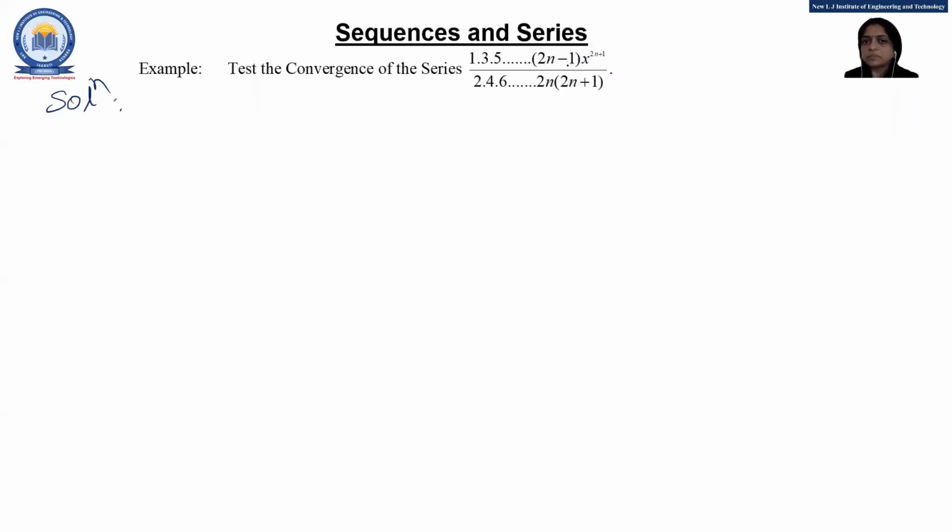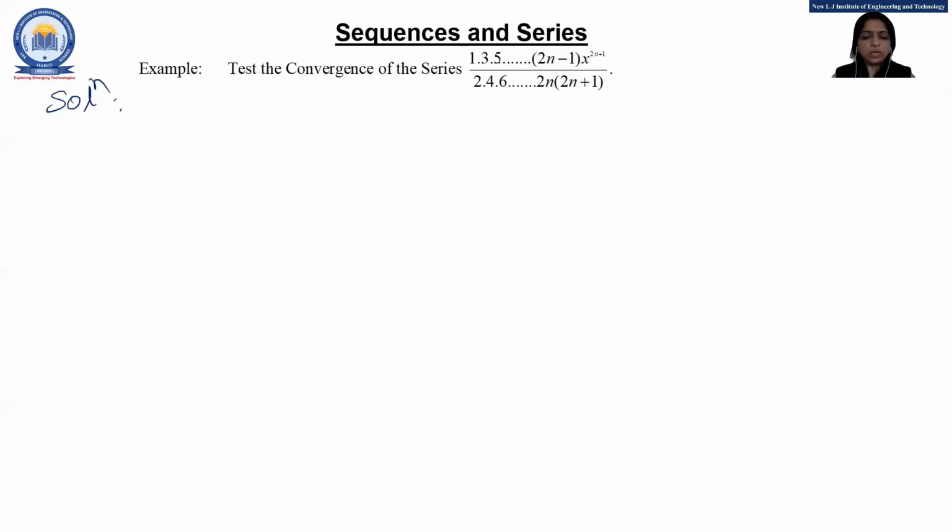Okay, understand? When in your given series you have x with any power of n, then you cannot apply RAP test. At that time you have to go with any other test.